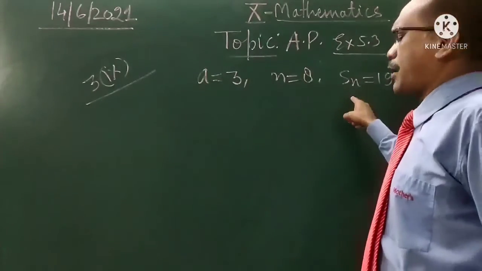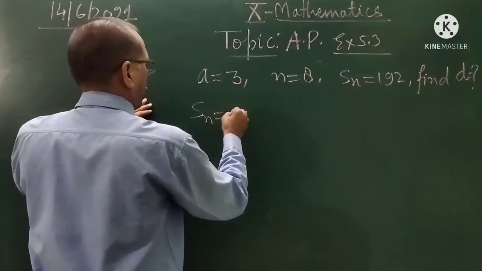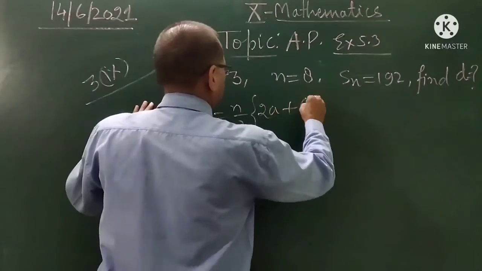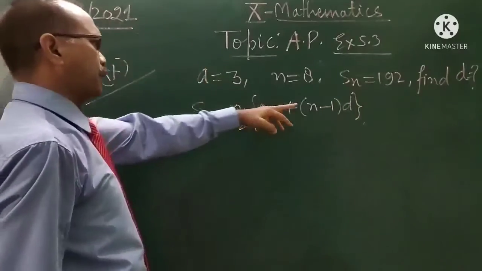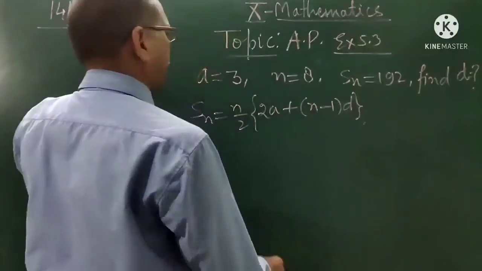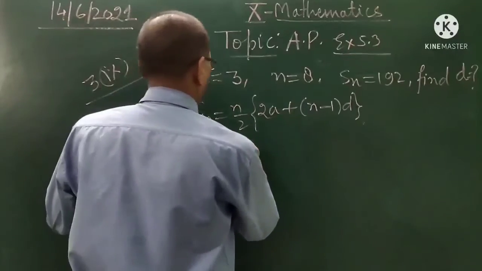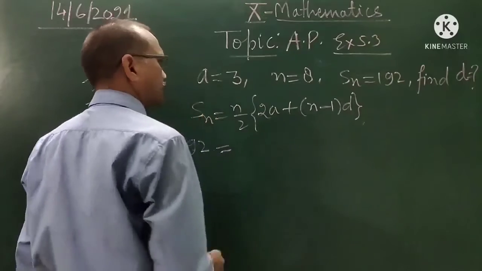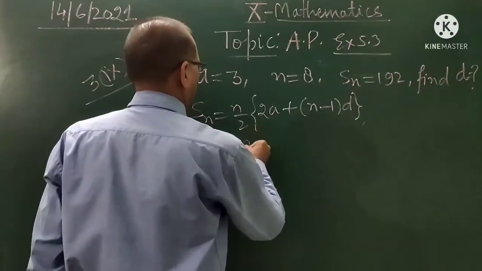Student, in the formula of Sn equal to n by 2 into 2a plus n minus 1 into d, we have to find d. Sn is 192. Then it is n by 2.